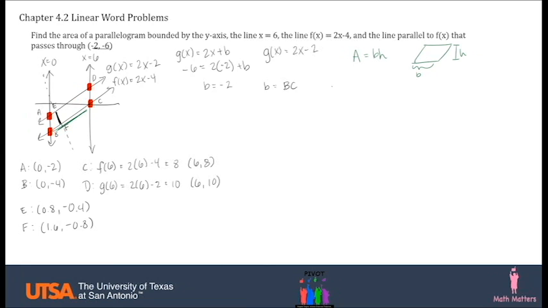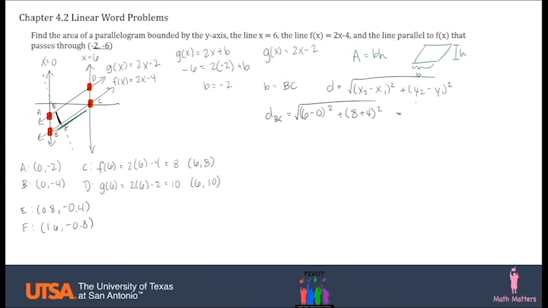If we recall, the distance formula is equal to the difference between the x values squared plus the difference between the y values squared, and then square root of all of this. So the distance between B and C is 6 minus 0 squared plus 8 plus 4 squared.